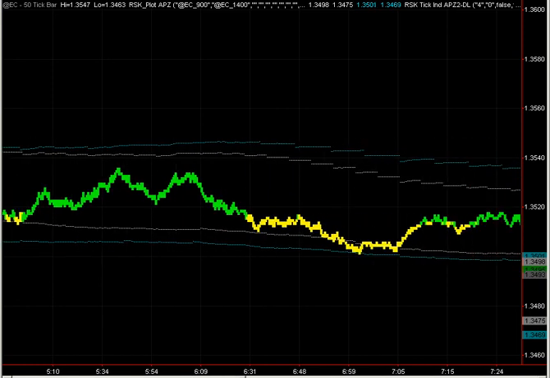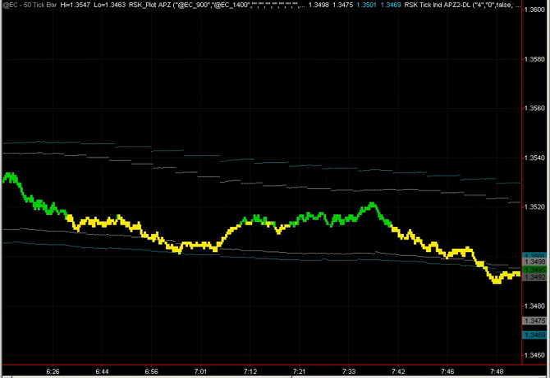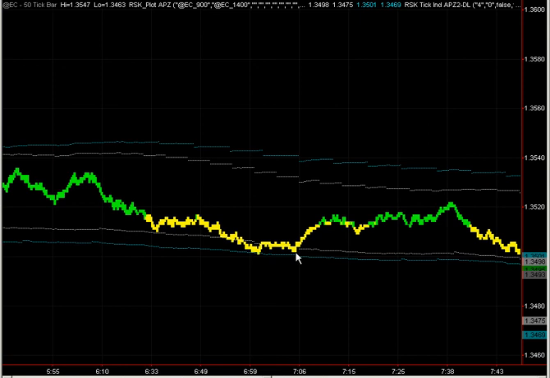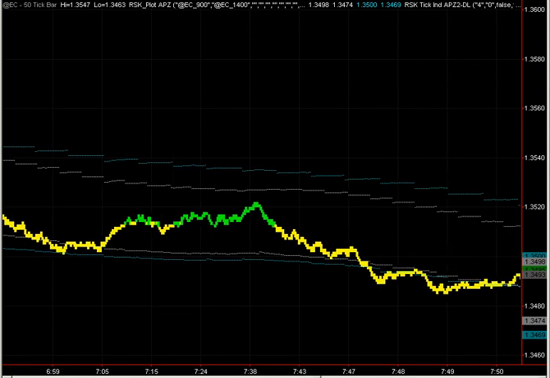It doesn't make a recovery to the upper zone until much later. Now, when it drops back into the lower zone, as you can see, we're getting a reaction, but it doesn't quite make it to the upper zone. And then it tanks. Okay?